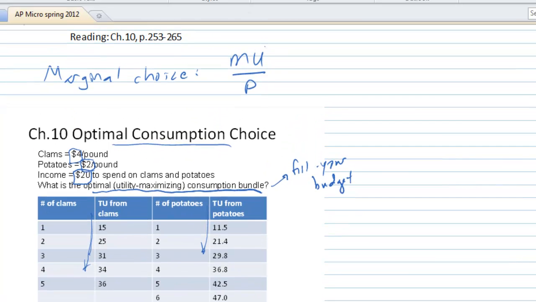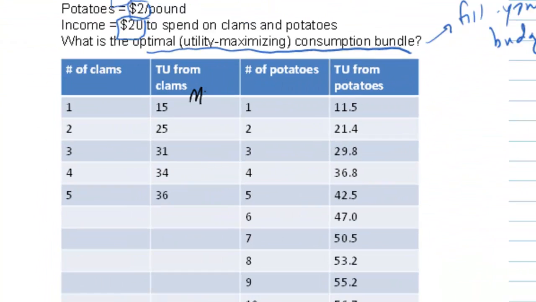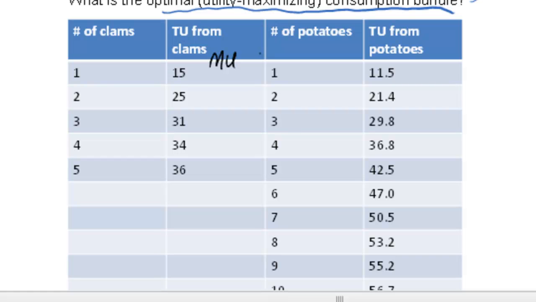So the first thing we're going to do is to find this value for each consumption choice, each marginal choice, which means each additional amount of clams and each additional amount of potatoes. So I'm going to put two more columns here. I'm going to put marginal utility and then marginal utility over price for clams. And same for potatoes, marginal utility and marginal utility per dollar.